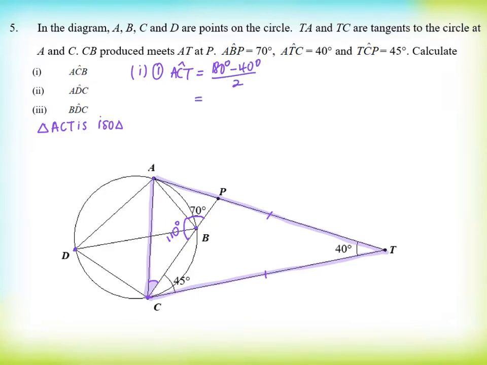That gives me 70 degrees. If that's the case, then I'll be able to find angle ACB to be 70 degrees minus 45. I get the answer of 25 degrees. Next, the question asks us to find angle ADC.